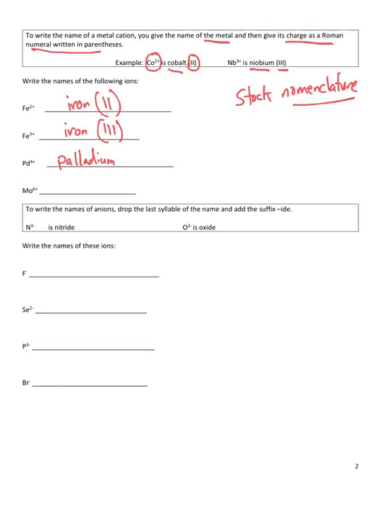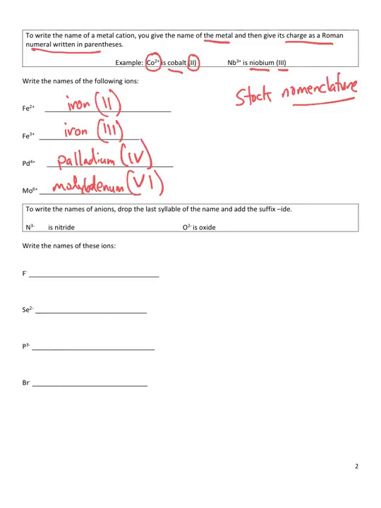Pd is palladium. And here it's got a plus 4 charge, so the 4 goes as a Roman numeral in parentheses. Molybdenum is Mo, and here it's got a Roman numeral of plus 6, meaning it's got a plus 6 charge.